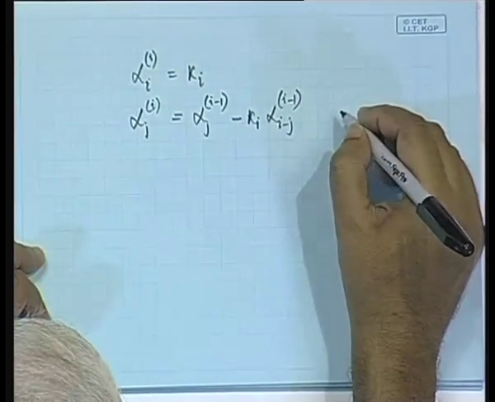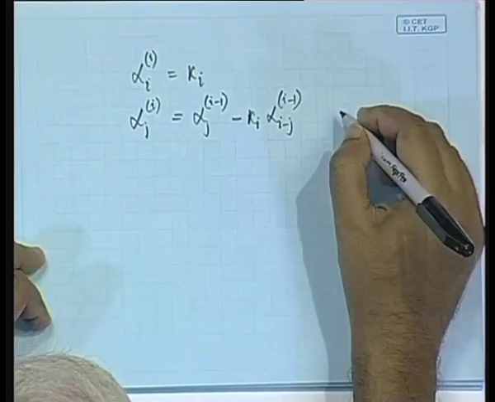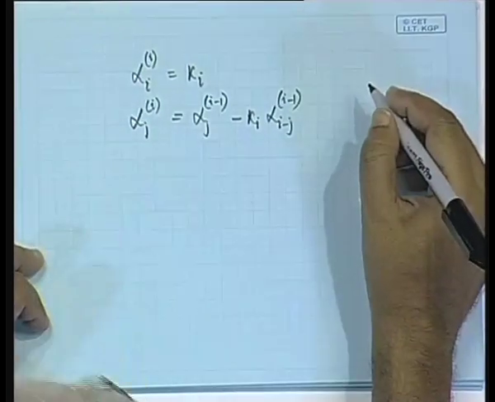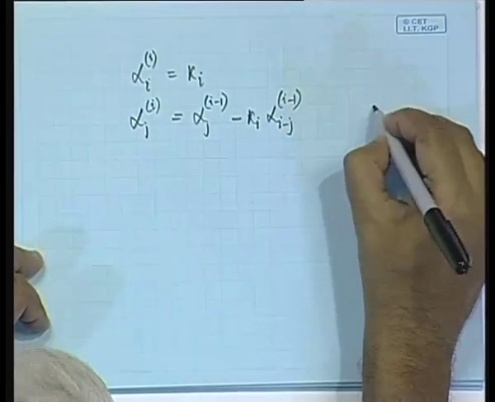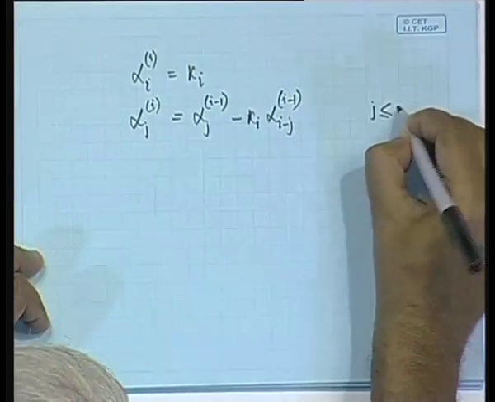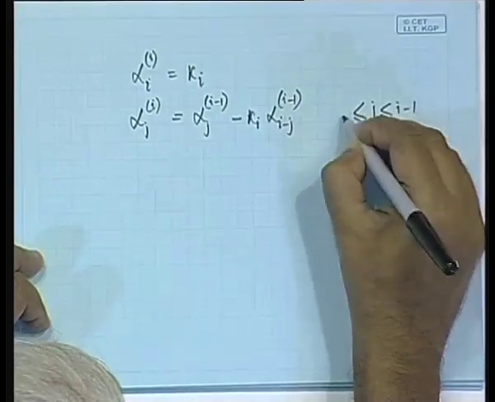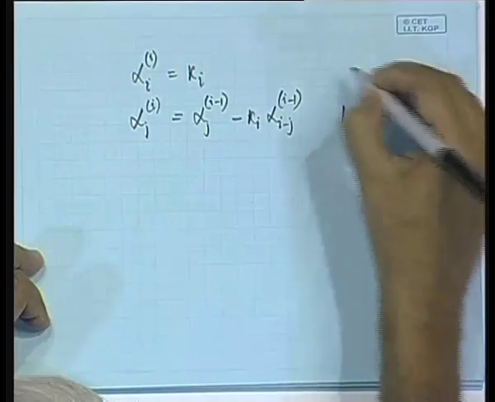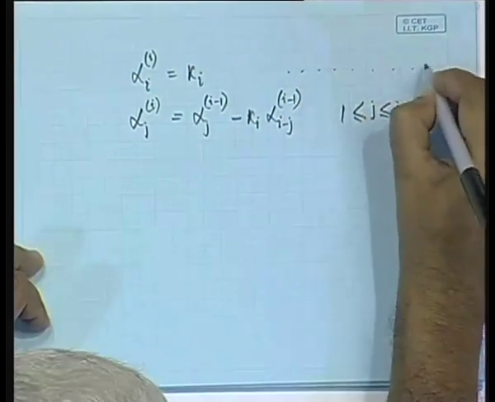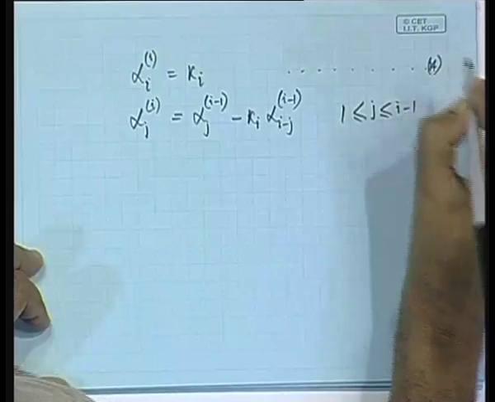Which means that whatever the (i-1)th estimate was, with that one can have the ith estimate. In this case, j varies from 1 to i minus 1. So this will be called equation number 14.